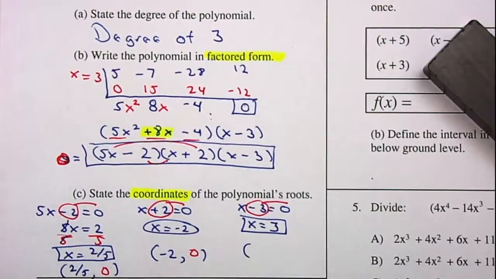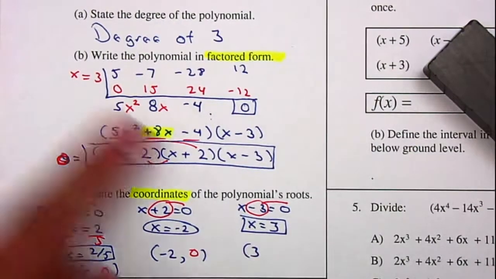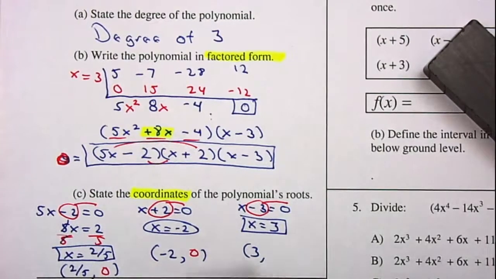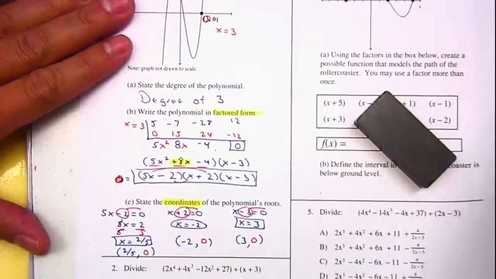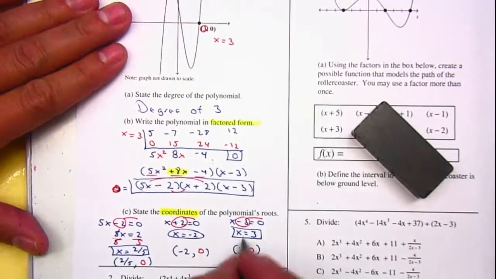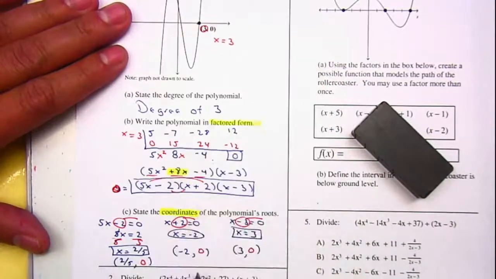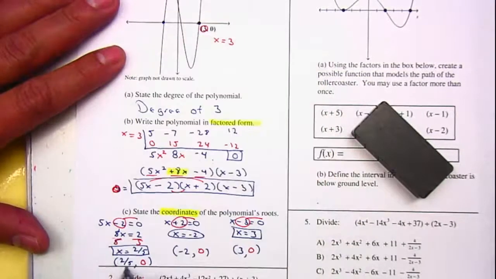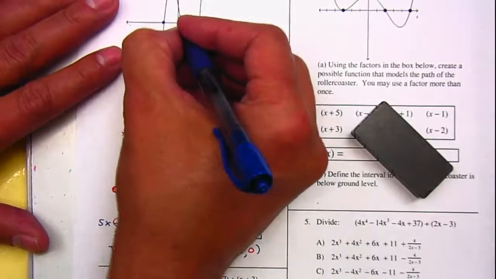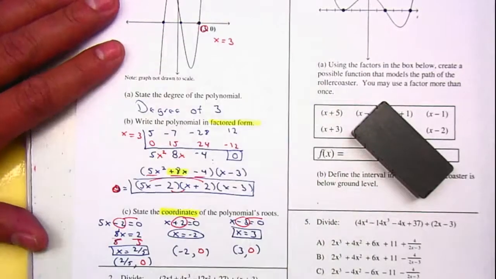This is the value 3, which was already given to us, and the y is 0. So that's where it crosses the x-axis. So therefore, 3 is there. Negative 2 and 0 is right here. And 2/5 and 0 is right here. Those are the roots of the polynomial.